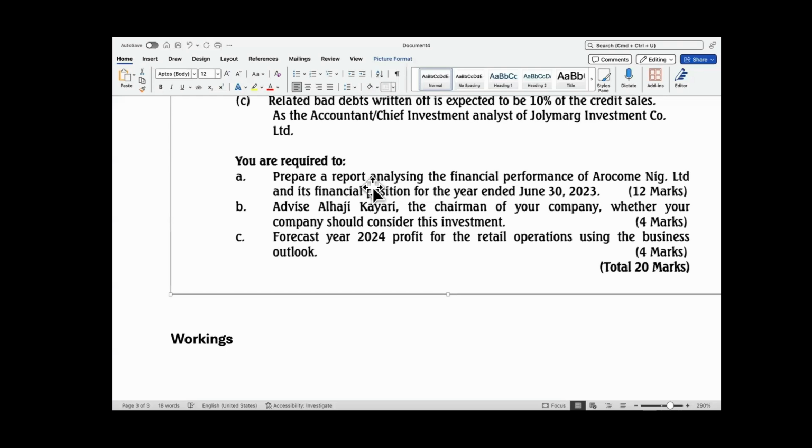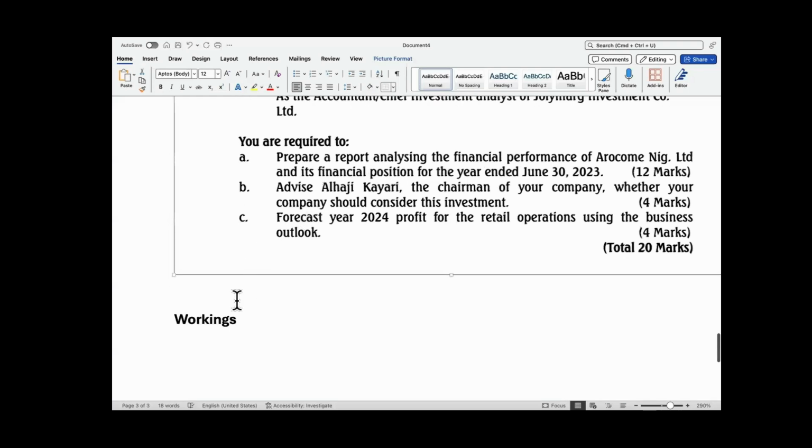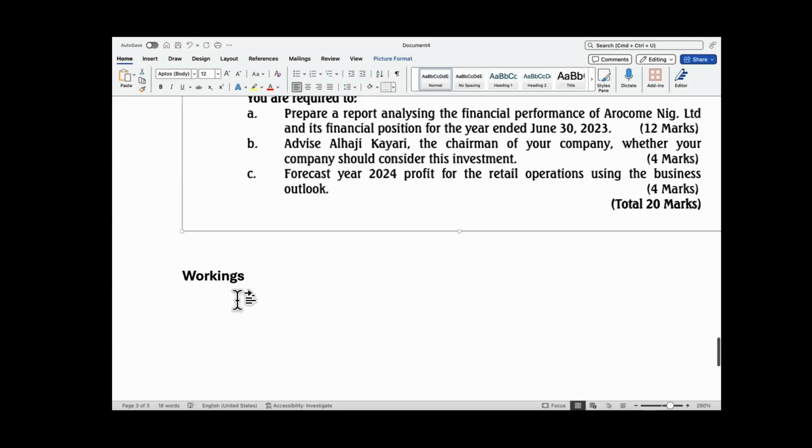Since you have 12 marks, at least you should be able to compute around 4 times 4, around 15 ratios in all, between 12 and 15 ratios, worst case. So this will afford me the opportunity to show you all the ratios, show you how to compute them. So solving this question is the logical thing to do. So let me start with the profitability ratios.